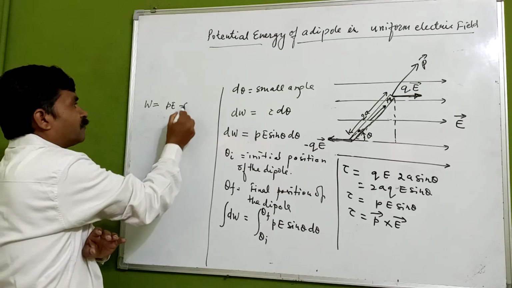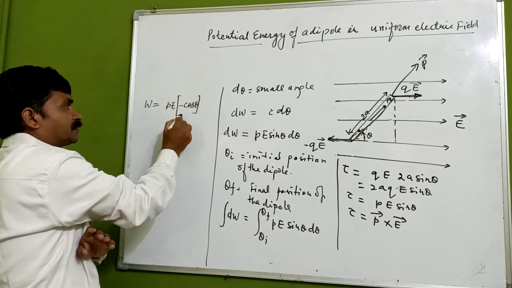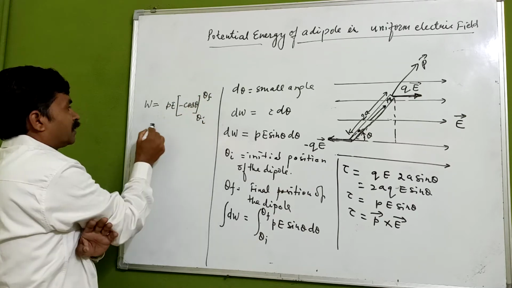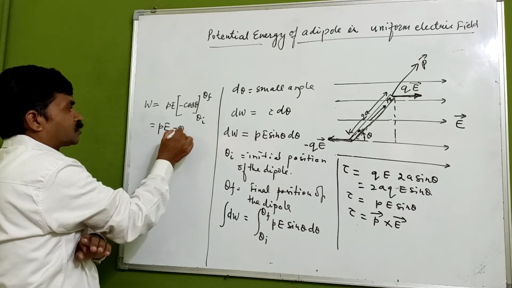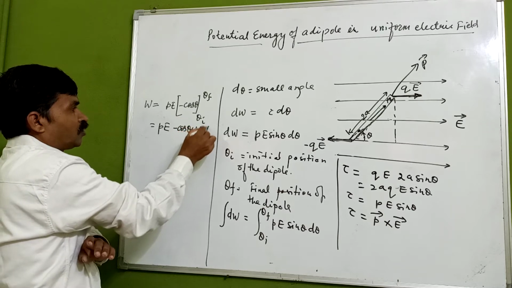Here we take the limits theta i to theta f, so W equals pE times minus cos theta f plus cos theta i.